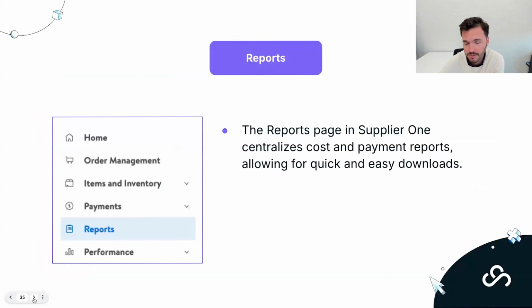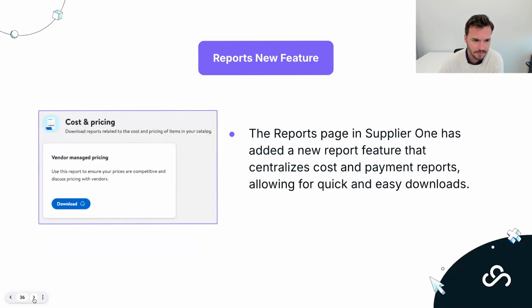I want to cover reports here briefly as well. This centralizes cost and payment reports, and it has a fairly simple download process. It's a new report feature that centralizes cost and payment reports.